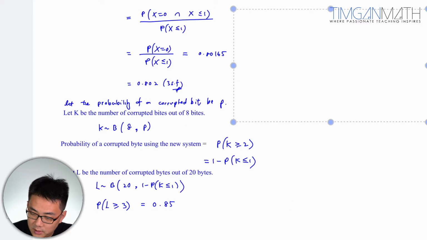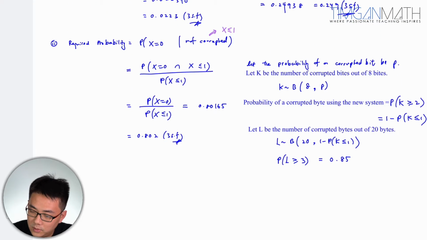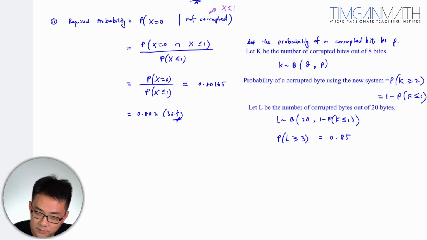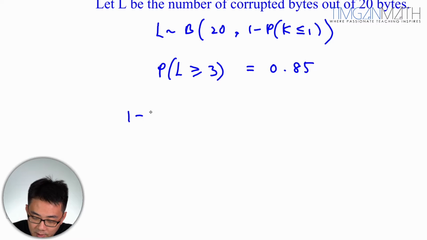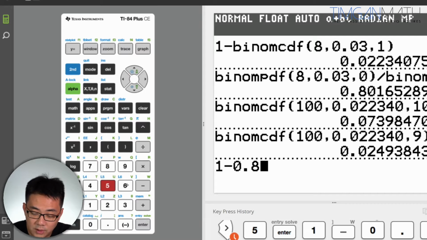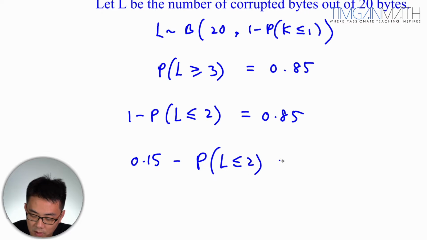So in this case, you're going to have 1 minus P(L at most 2) equals 0.85. Of course, I would like to bring the 0.85 to the other side, that's what I usually like to do. 1 minus 0.85, which is 0.15. So 0.15 minus P(L at most 2) equals 0.